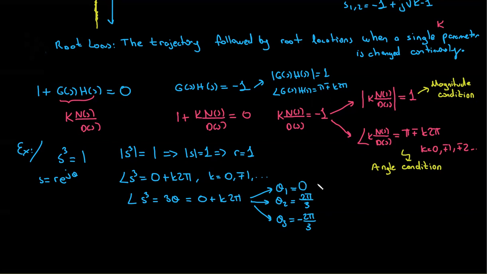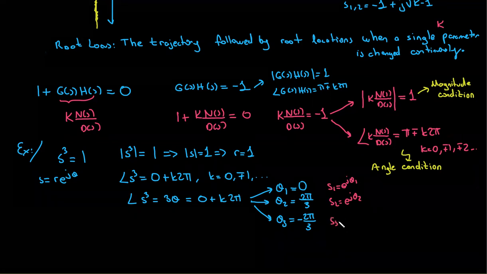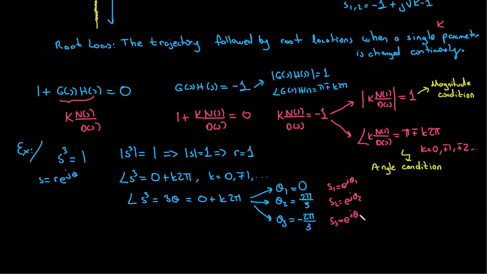Notice that the corresponding root locations are s equal to r times e to the power j theta, and r is equal to 1. Then s1 is simply equal to e to the power j theta 1, s2 is equal to e to the power j theta 2, and s3 is equal to e to the power j theta 3. Let me try to show those on the s-plane.